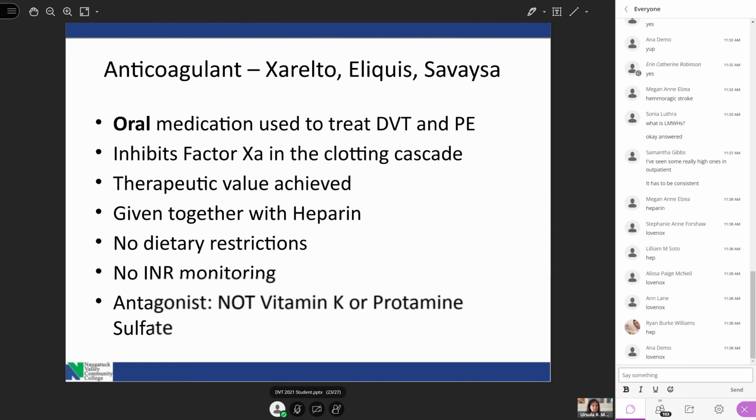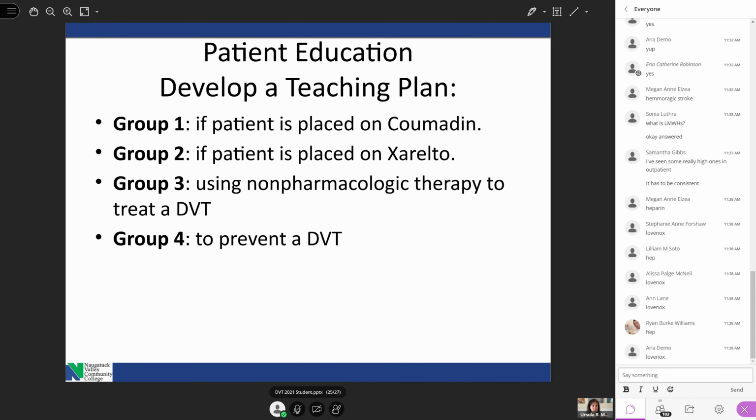Okay, I want to give you your little homework assignment. Oh, goodness, we've got a little bit to do. What I want you to do for tomorrow's class, we're not going to divide you in groups, is to come up with a teaching plan for a patient on Coumadin, a teaching plan for a patient that is on Xarelto, one who's using non-pharmacological therapy to treat a DVT.